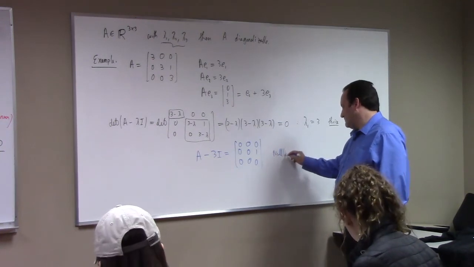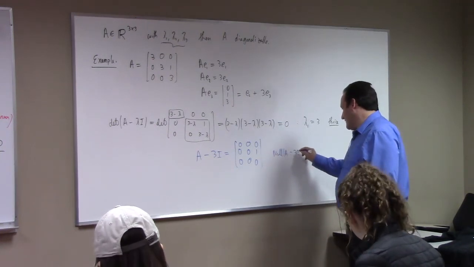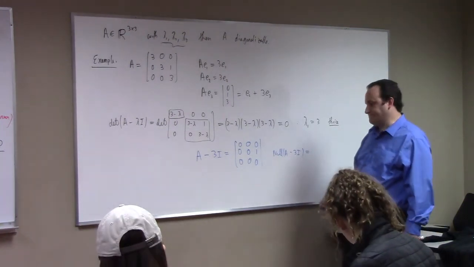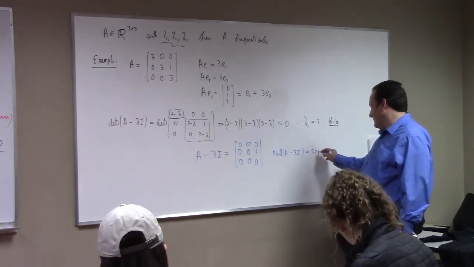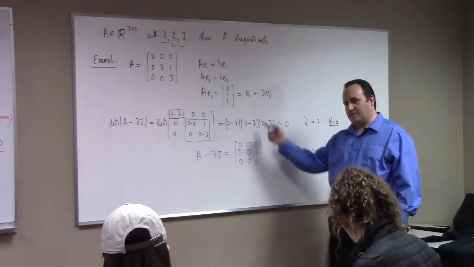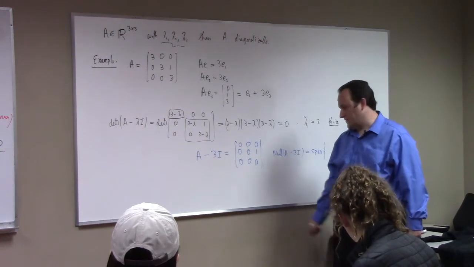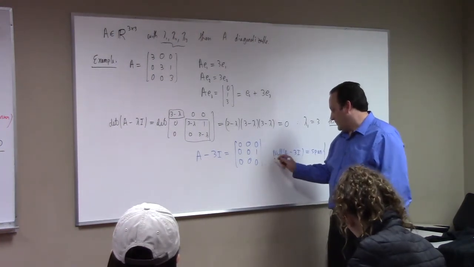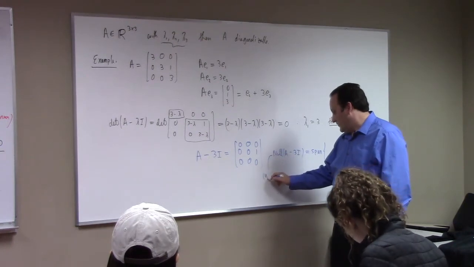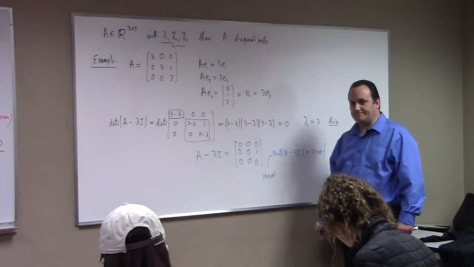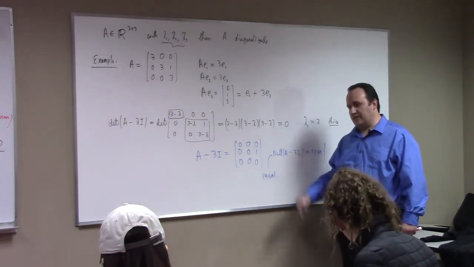Because the basis for the null space is the eigenbasis for the eigenspace with eigenvalue 3. If u, v, w is in this null space, what can you say about u, v, w?